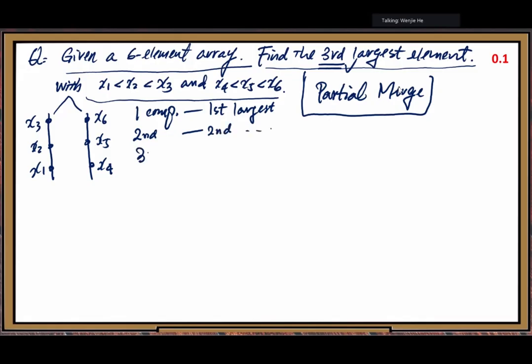Third comparison: based on our understanding of the merge operation, each comparison results in one element in place. This time, from the larger side, still one element in place, right? So the largest in place, second largest in place, then third largest in place.